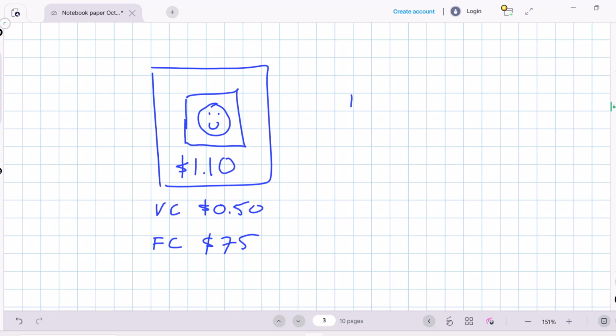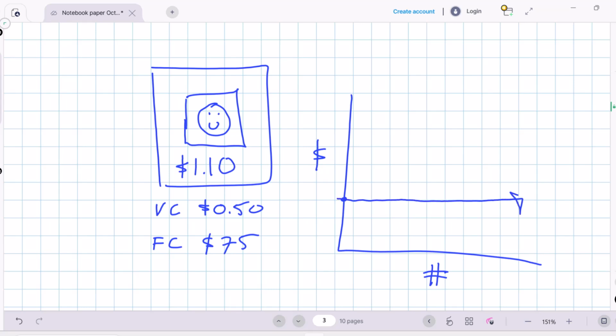To recap what that means, if I look at my units sold and my cost, if I look at my fixed costs, that's rent, okay? No matter how many bottles I sell, even if I sell 0 bottles, I've got to pay the rent. So the rent cost does not have any relationship to the units.